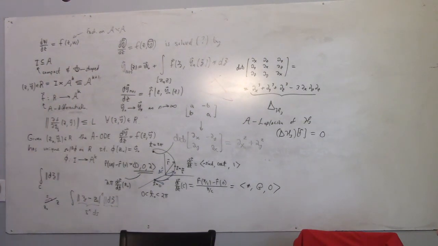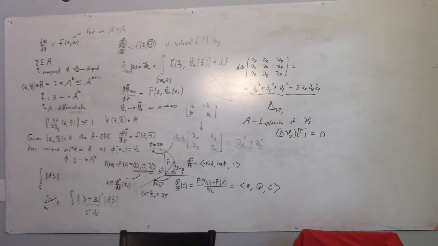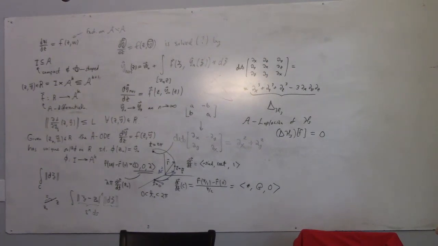So the Picard iteration is set up so that if there is a limit to the recursion, that limit function will be a solution to the differential equation. That's the whole idea of 16. And we just proved the uniform convergence of the sequence. Consequently, the limit function does exist.